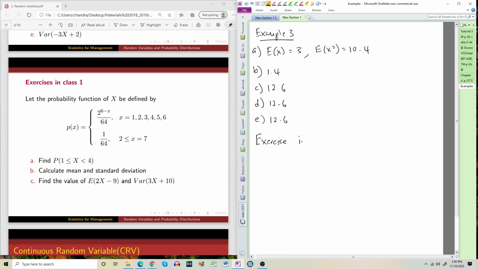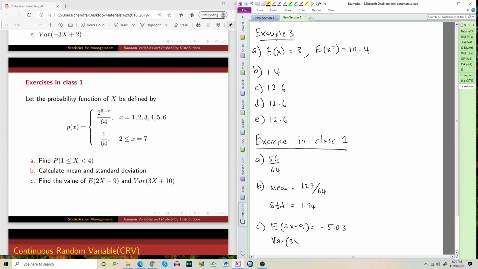Exercise in class 1. These are the answers.